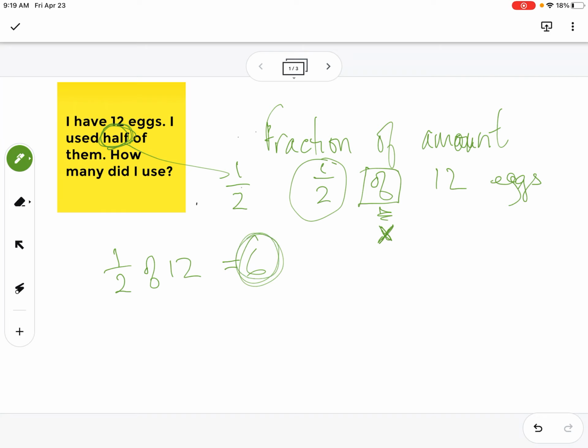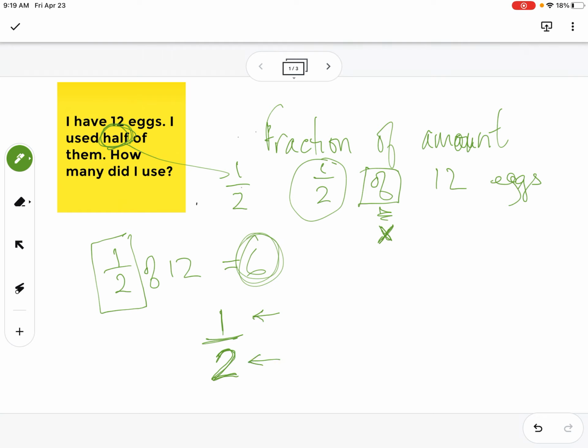But let's look now at why that works, why that answer comes out. If you look at the fraction 1/2, you might have looked at the previous videos where we talked about the meaning of a fraction. There we talked about how the top has a name and the bottom has a name, but more importantly now I'm talking about the meaning of the top and the meaning of the bottom.